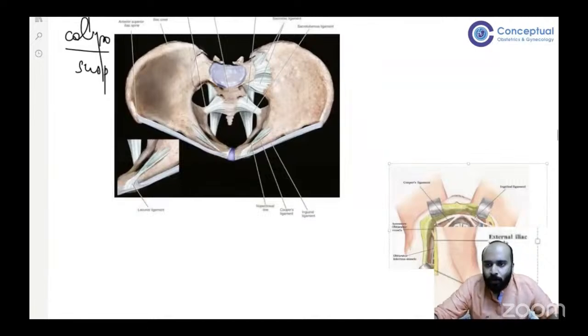In this bony pelvis, you can see that there are multiple ligaments, but the most important structure that I would want you all to see is first of all this. I'll make a red pen. Sabse pehle, this is my pubic symphysis. Secondly, is this structure that you can see over here. This is my Cooper's ligament.